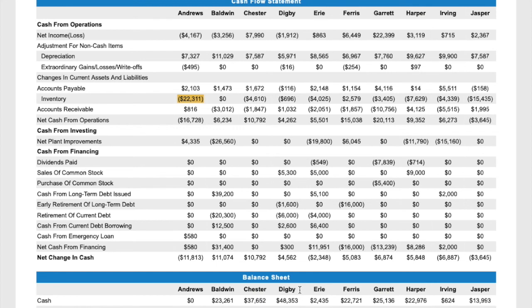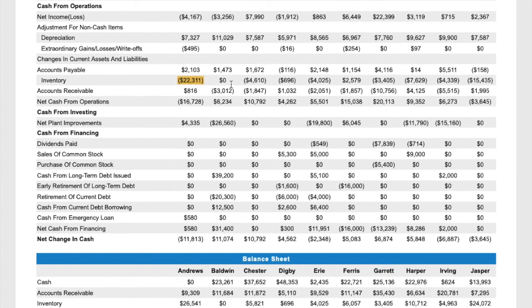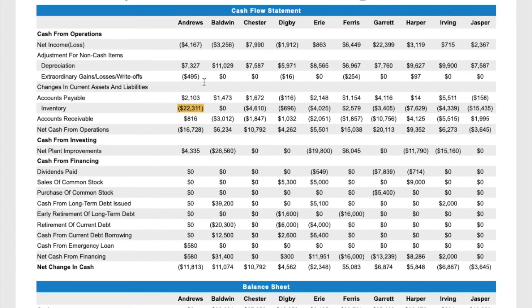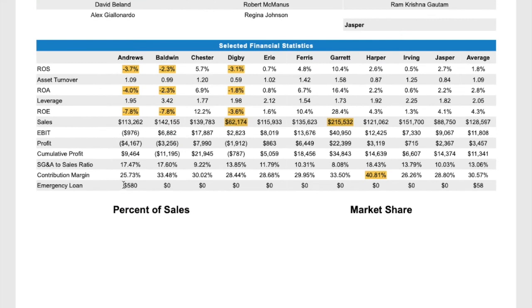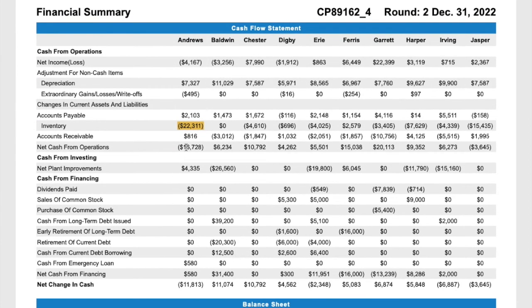Okay, so in this slide I want to point out Team Andrew. That's probably one of the reasons why you have the negative ROA and ROE rate. At the same time, you ran into the emergency loan, if I remember correctly. Yes. So one of the problems, as I mentioned before, is that close to 70% of the teams who run into emergency loan do so because they have huge inventory cost.